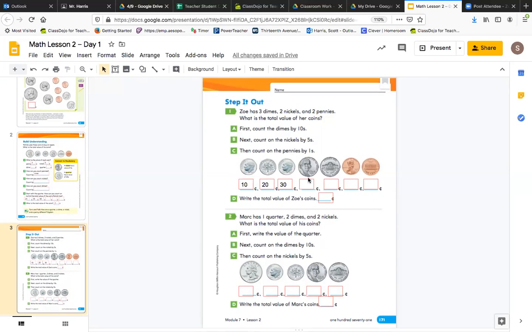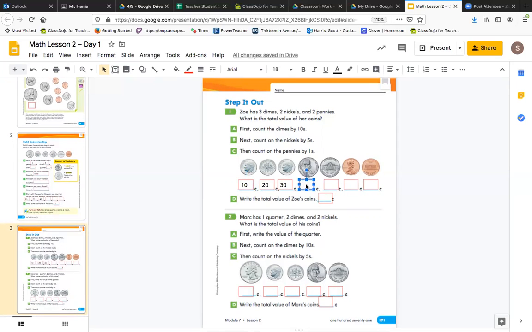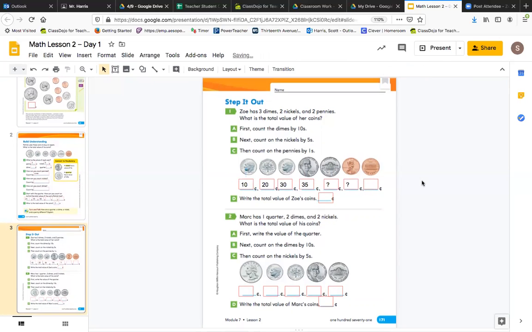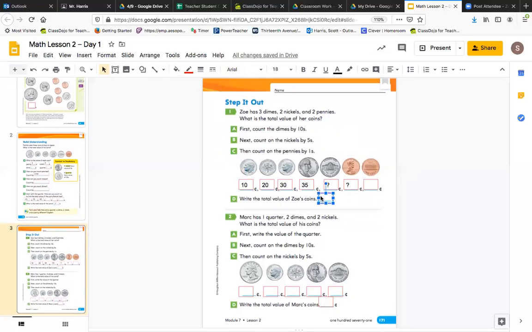What's 30 plus 5? Well, we know that is 35, and then you have another. I'm going to let you continue to do that. You fill it in. And then write the total number of coins. When you get to that last box, you should have a big number to show us how much money Zoe has. Fill that in down here at the bottom.